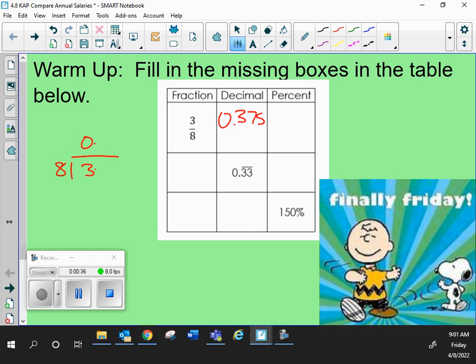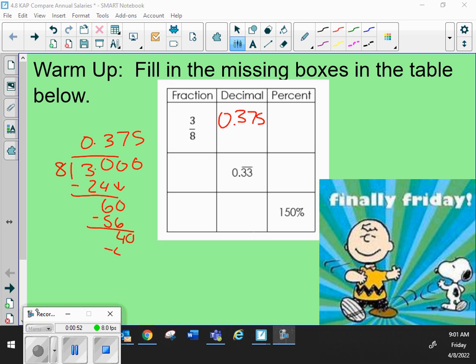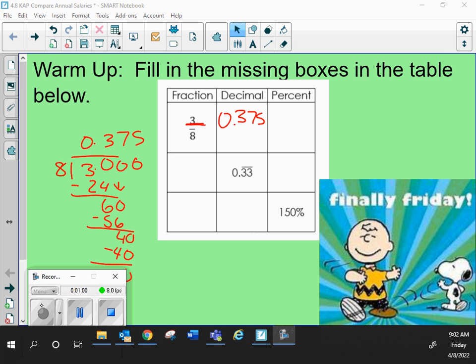Okay, 8 doesn't go into 3, so decimal, it goes in 3 times, 4, 6, 0, goes in 7 times, 56, 4, 0, 0, 5. Okay? If you ever forget, fractions always mean a division sign, so you just divide. All right. Thank you, Carolyn.